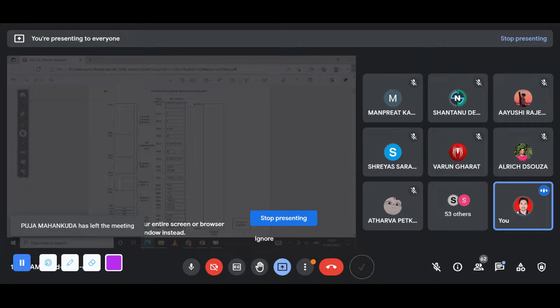So we are talking about the special function registers. As the name suggests, this is used for some specific application, or it has some special function.